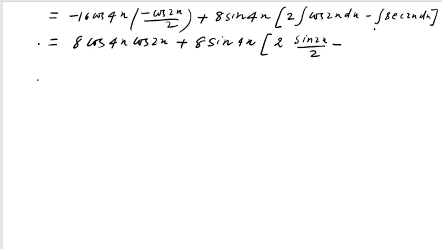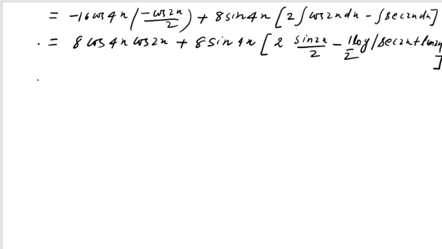And here we have sec of 2x, so I hope you remember the integration of sec of 2x: it is log of mod of sec 2x plus tan 2x, right? A mod, and since the coefficient is 2, I need to divide it by 2, and then the bracket will be closed.